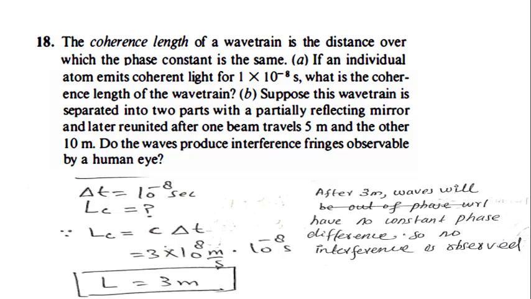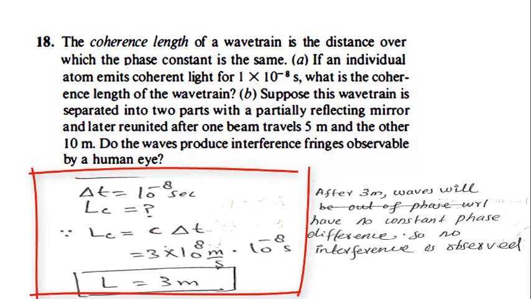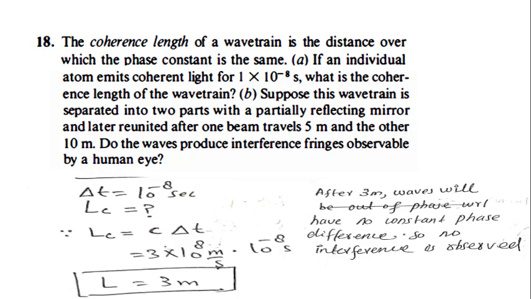This is an expression that you should remember: the coherence length, represented by L subscript C, is equal to C times delta T, where C is the speed of light in vacuum and delta T is the time. Solving this you get L equal to 3 meters. So this is the coherence length. Up to this length the waves will be in phase or will have a constant phase.